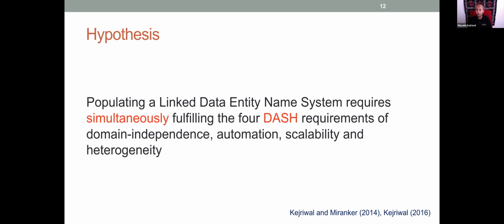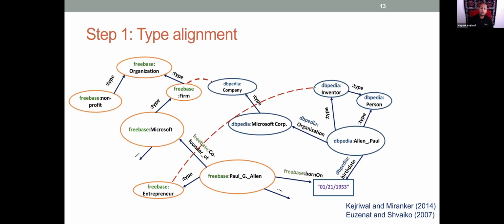So web scale scalability can be difficult to reconcile with something like automation. We also want to do this in a way so that we can deal with noise, because nothing is going to be noiseless, right? So how do we do it in a way that we have an acceptable quality, not perfect, but acceptable?